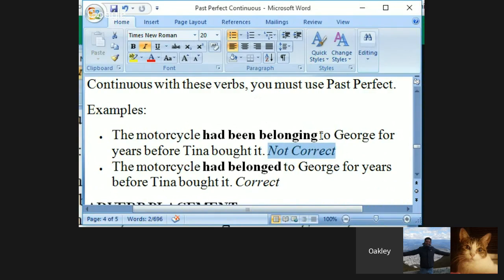It just can't be used with ing. Instead, even though it is involved with duration, we just have to use the simpler form. So this is correct: the motorcycle had belonged to George for years before Tina bought it.